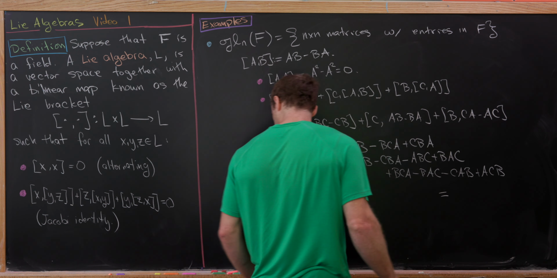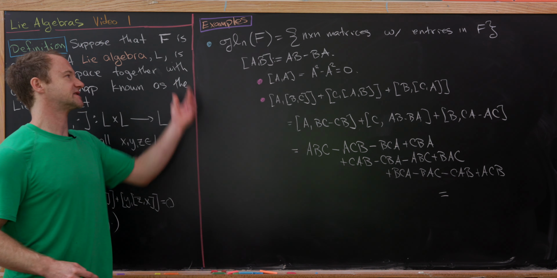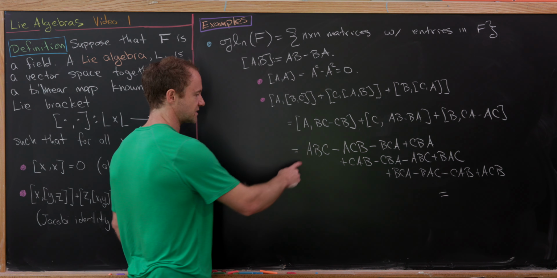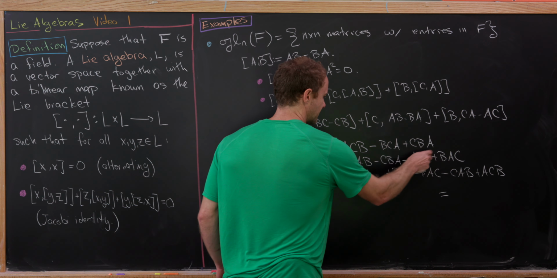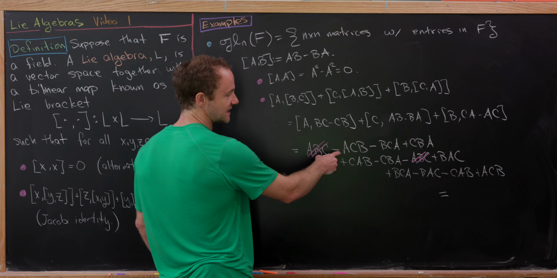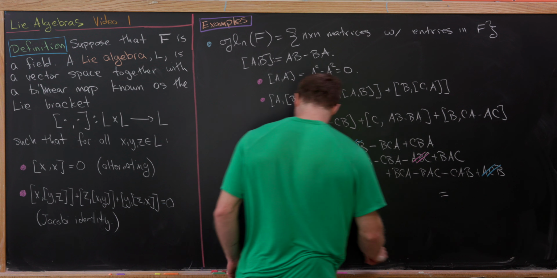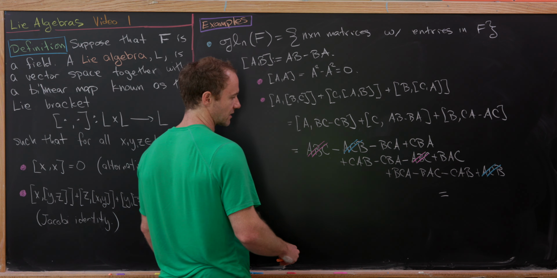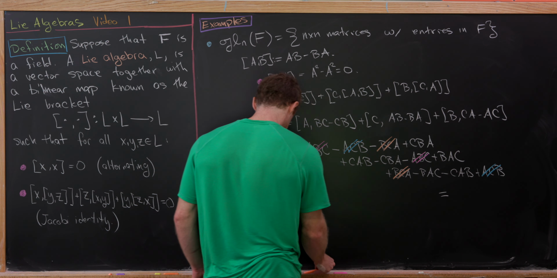Okay, great. So let's see if everything cancels. Well, obviously it should, because I'm saying that this is an example of a Lie algebra. Okay, so let's see. ABC we have here, and there's a negative ABC. So those two cancel each other. Now we have ACB here, and then we've got an ACB down here, so those cancel each other. We have a negative BCA here, and we have a positive BCA here, so those cancel each other.